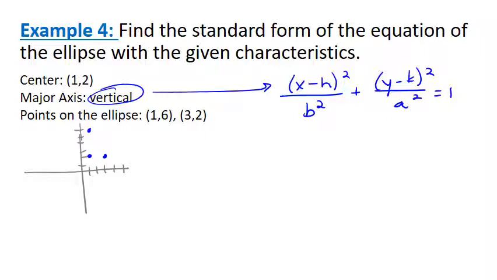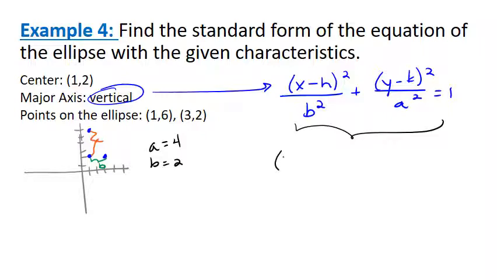Well, if these points are in line with the vertex, that tells us the distance of A, since this is the vertical axis, and it also tells us the distance of B. So from this given information, we know A is 4 and B is 2. We know the center. We have everything we need to write this equation.